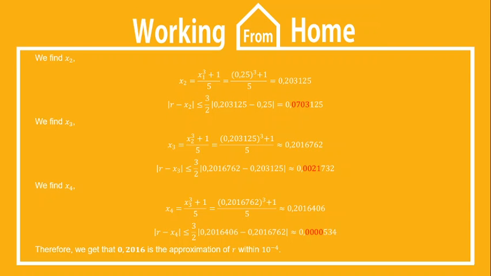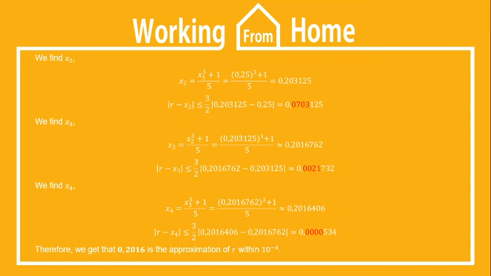As we can see in the last one, for 4 decimal places, we have all 0. Because of that, for 10^-4, if we have r minus x4 less than or equal to 0.0000534, okay, for 4 decimal places.